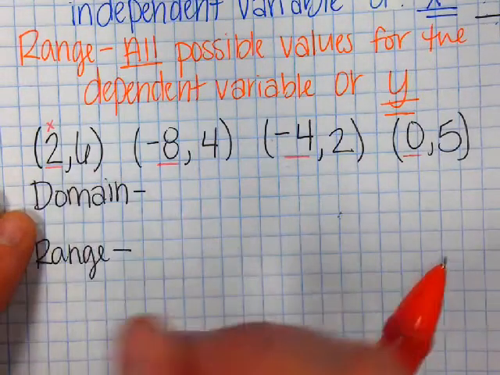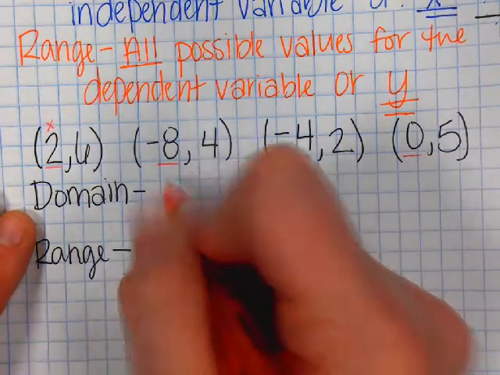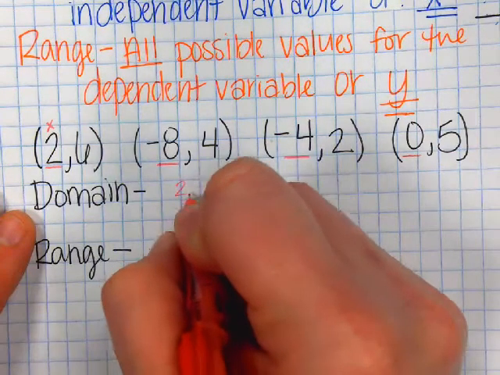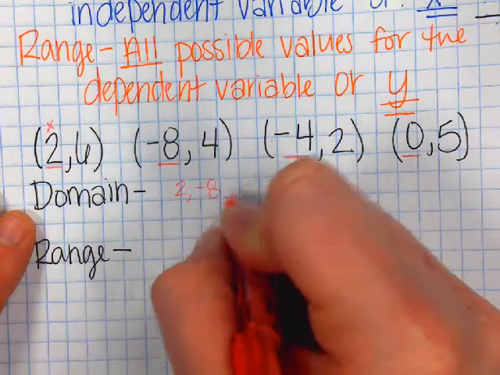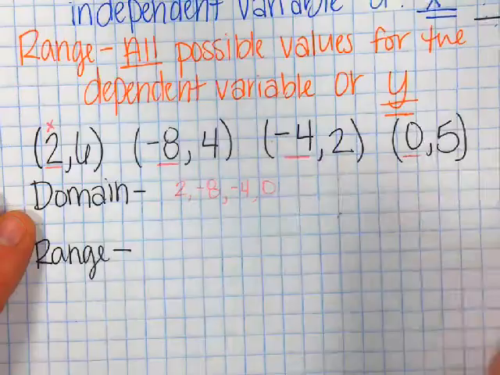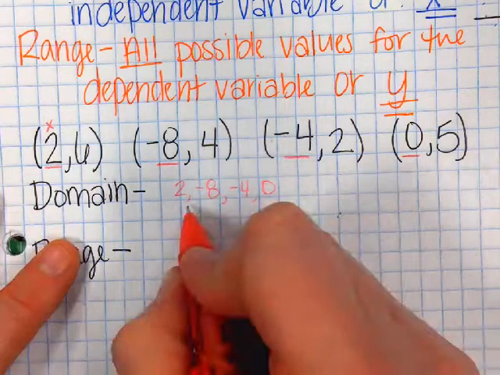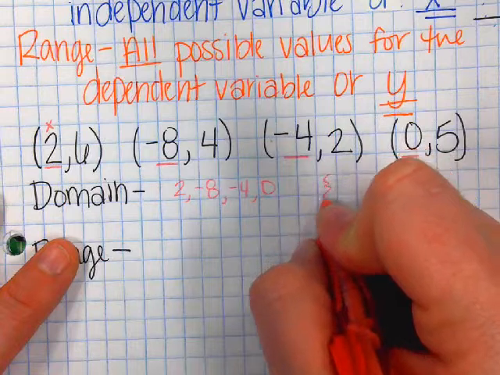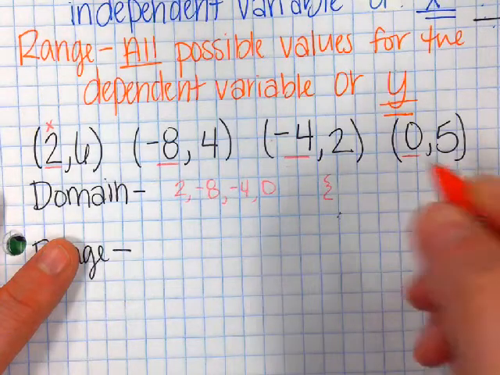And you always want to list them from smallest to largest. I'm going to write them all out in this order first: 2, -8, -4, and 0. The correct order to write this, and you always put it in little brackets, I know those are hard to write.